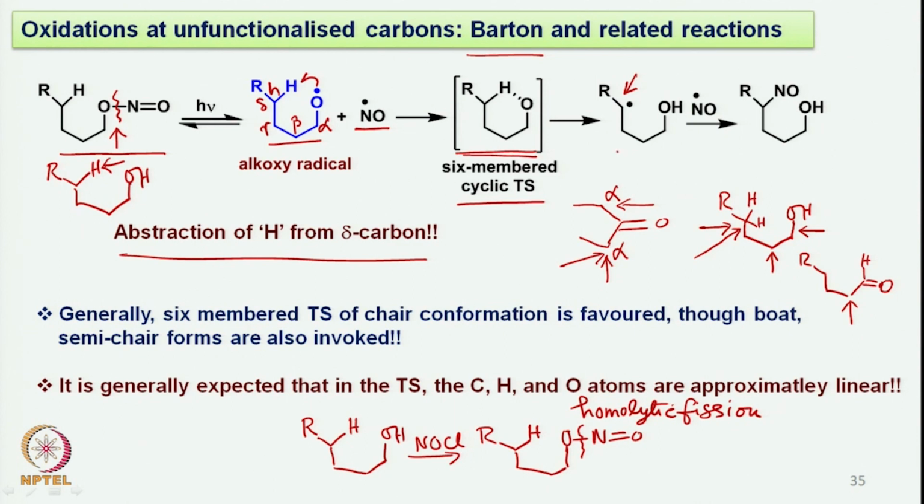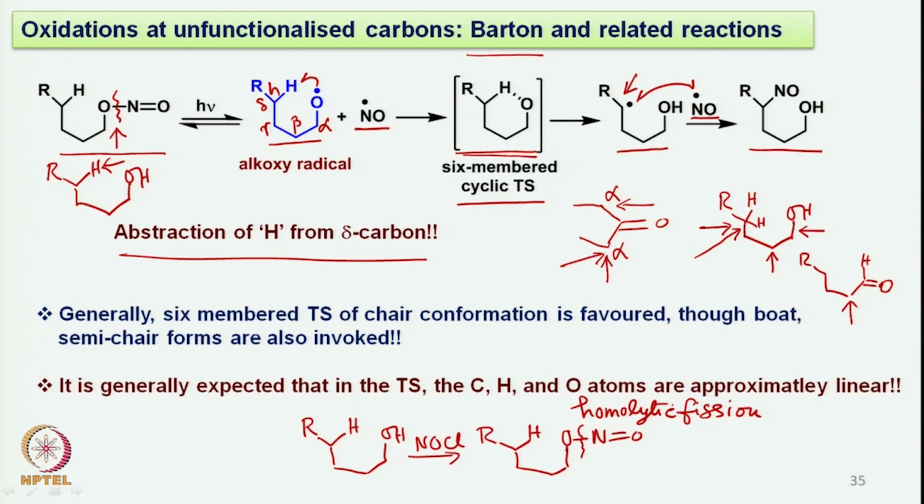Once this radical is formed, you are left with a nitroxyl radical, and this nitroxyl radical then combines here with the carbon radical to form this particular substrate where the NO group has come to an unfunctionalized delta carbon of the substrate.